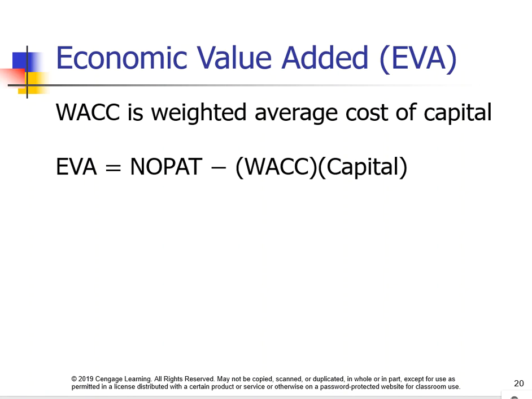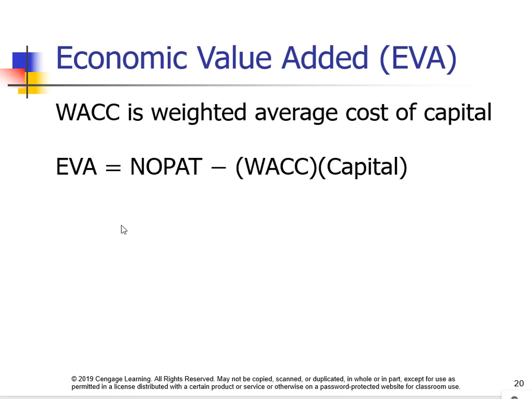If you tie compensation to the stock price, we read all the time about examples of firms cheating by withholding information, doing illegal things, manipulating earnings to make the stock price go up in the short run so they get their bonus, and then the truth comes out and the stock price falls. So we're always looking for measures that can make managers behave like we want them to. And so economic value added is such a measure.